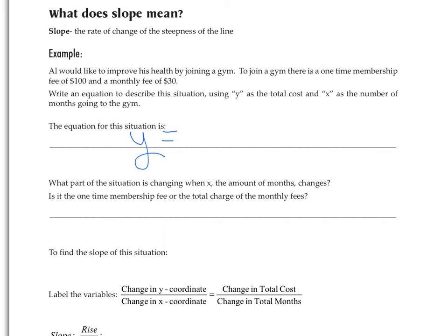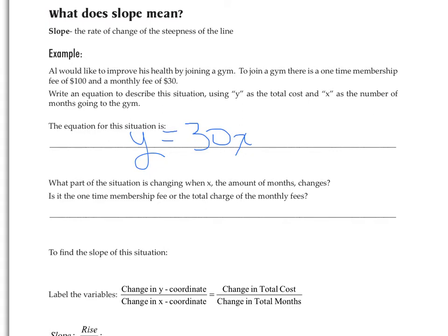Well, since Al is paying $30 a month, and x represents the number of months he's joining the gym for, we would have to multiply the cost per month times the number of months, or 30x. But he also has to pay the one-time membership fee. So this is not his total cost.